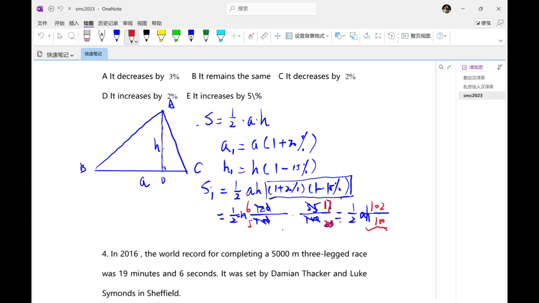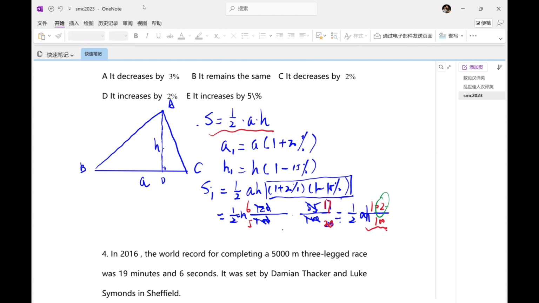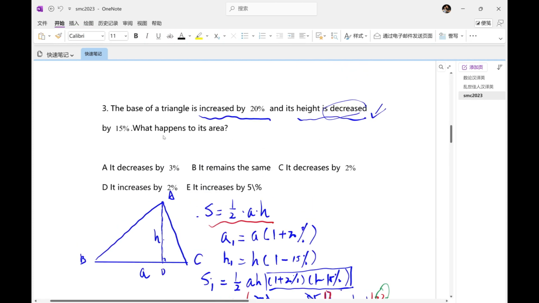Compare with the original area, it is increased by 2%. So the correct answer is D. It increased by 2%.